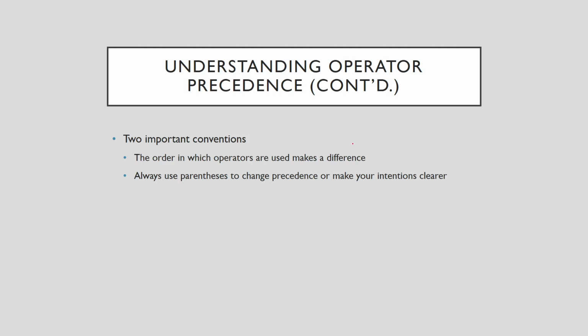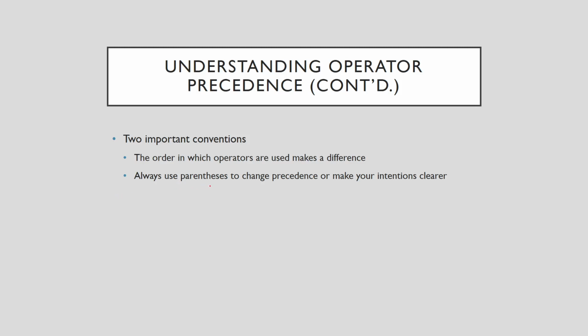So we have two important conventions for operator precedence. The first one is that the order in which operators are used makes a difference, because the level of precedence is important for making decision logic.